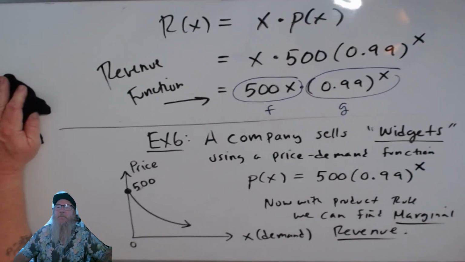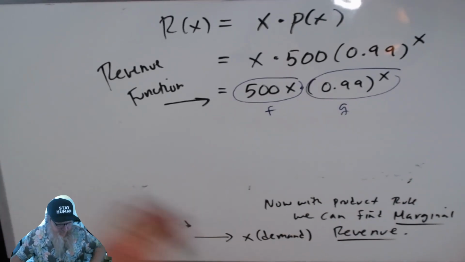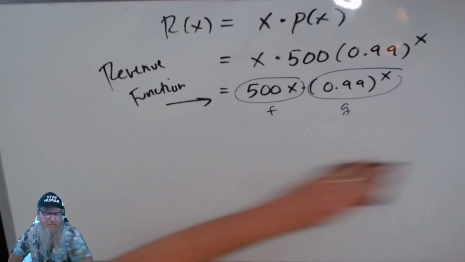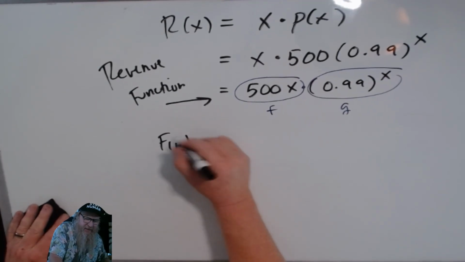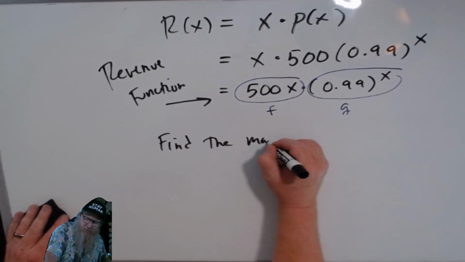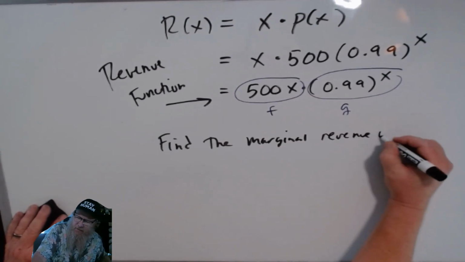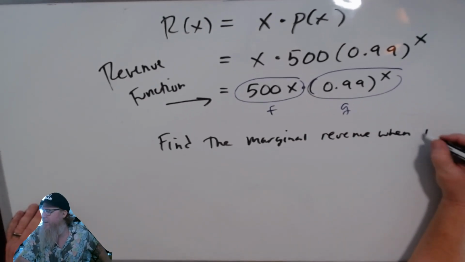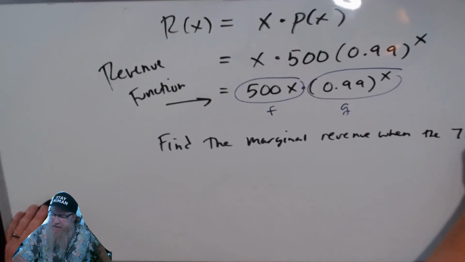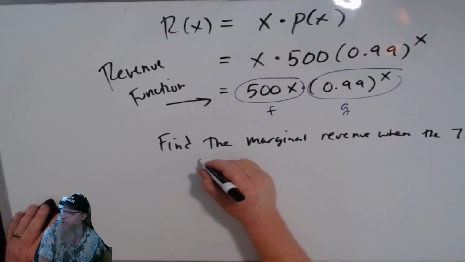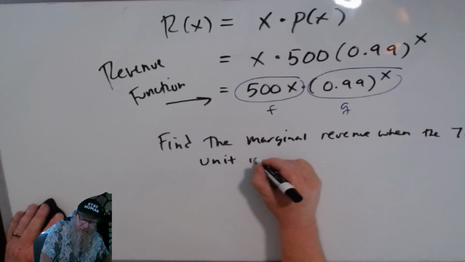Now let's find the marginal revenue when the 71st unit is sold.